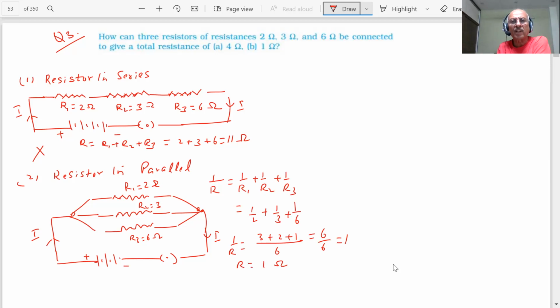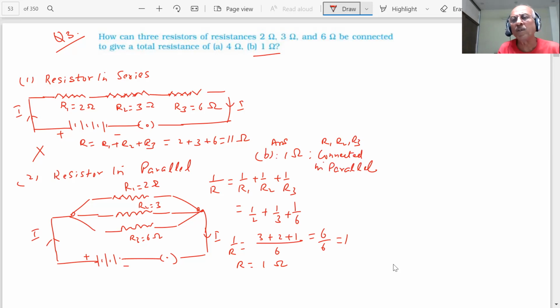Is there any 1 ohm in the question? Yes, sir, the B part. So the answer of B is that R1, R2, R3 are connected in parallel. Okay.